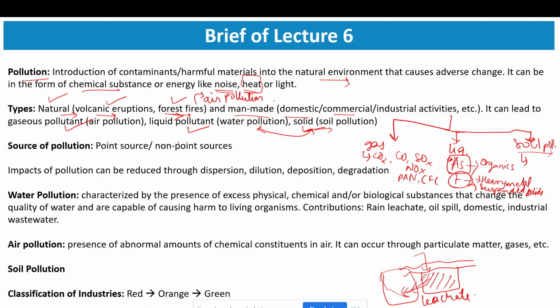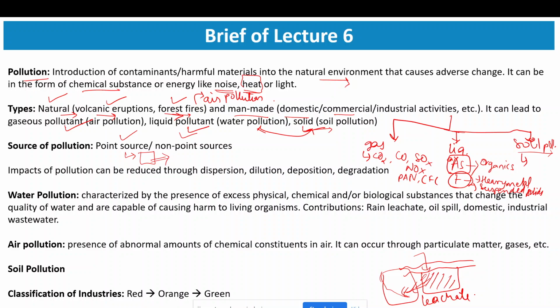So this is all about types of pollution. Now moving forward, pollution can have mainly a point source or a non-point source. For a point source, say for example, if we have one industry emitting one wastewater stream, we know from where it is coming.